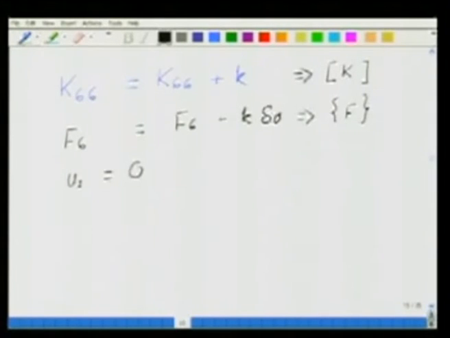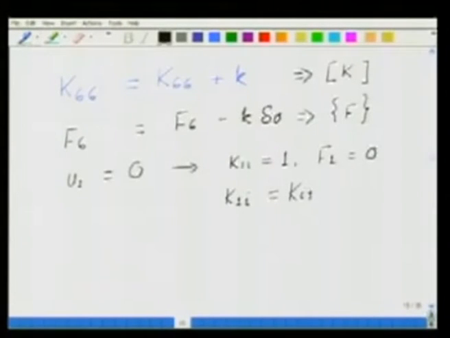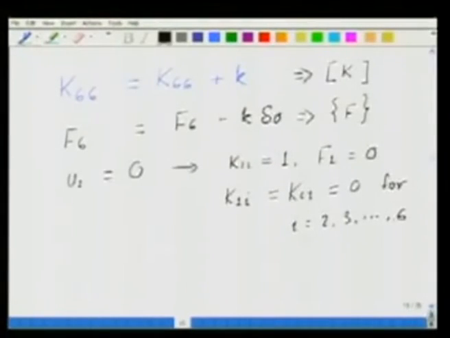So, for that we will again make K11 equal to 1, F1 equal to 0, K1i equal to Ki1 equal to 0 for i equal to 2, 3 up to 6.